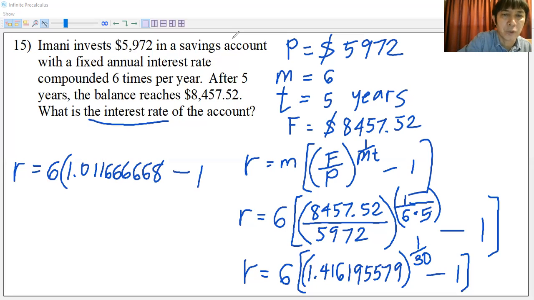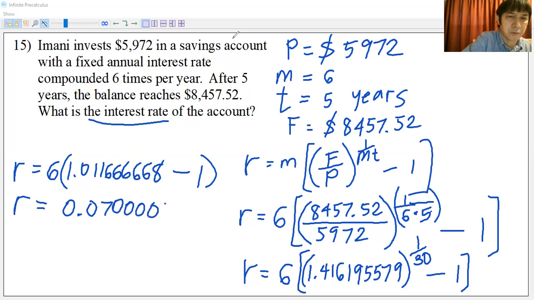Then minus 1, and so we subtract the 1 and then times 6. So the answer is 0.07000000 636. That looks like 7%.